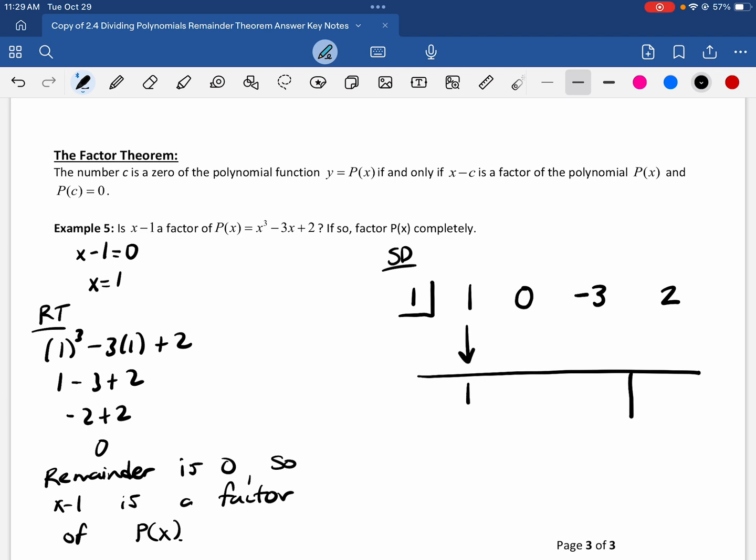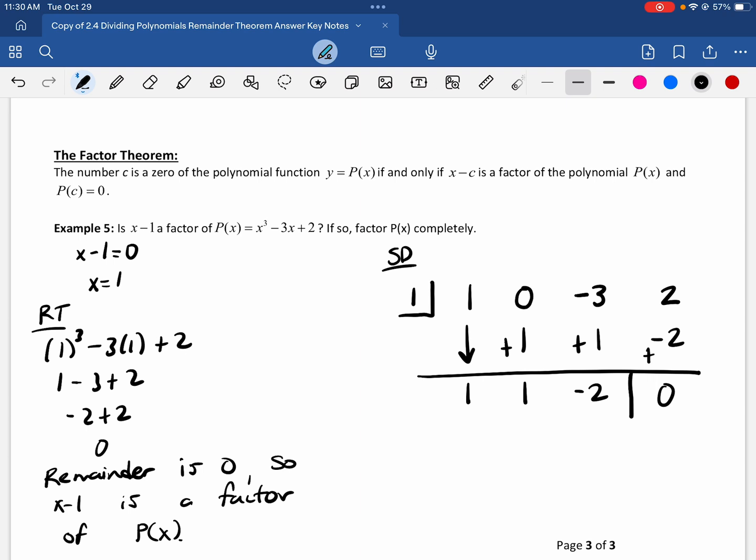Drop my 1 down. 1 times 1 is 1. Then I'll add these together, get 1. 1 times 1 is 1. Negative 3 plus 1 is negative 2. 1 times negative 2 is negative 2. Add these together and we get 0. So you can see again, it is indeed a factor because I got a remainder of 0 there.